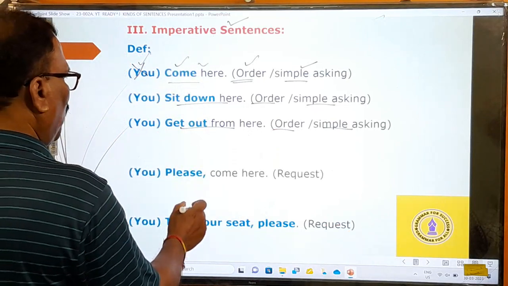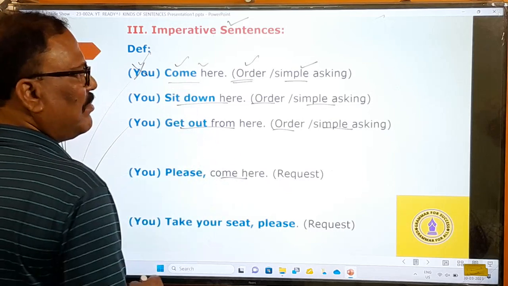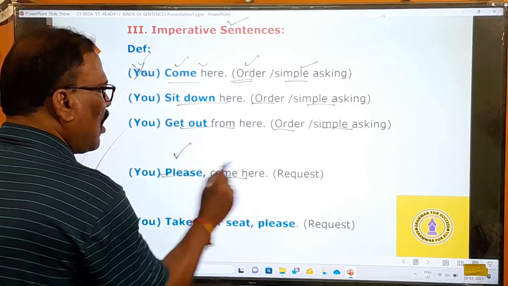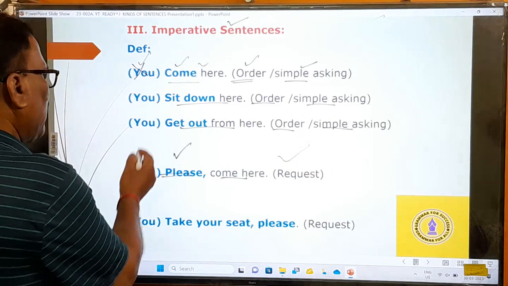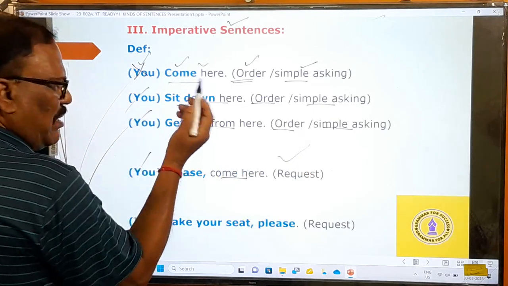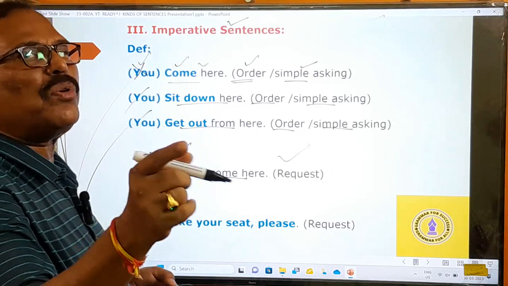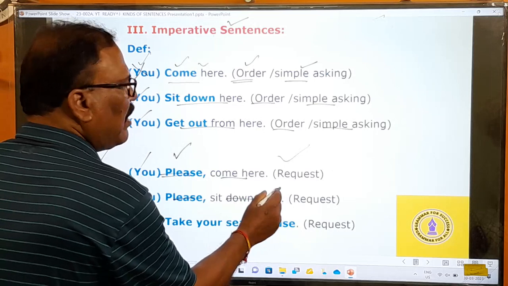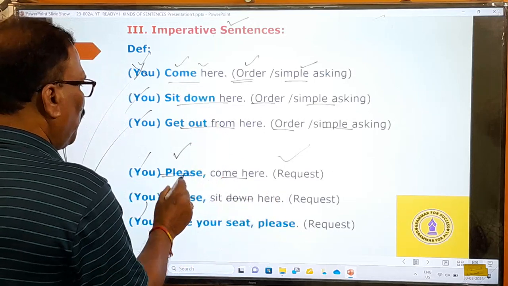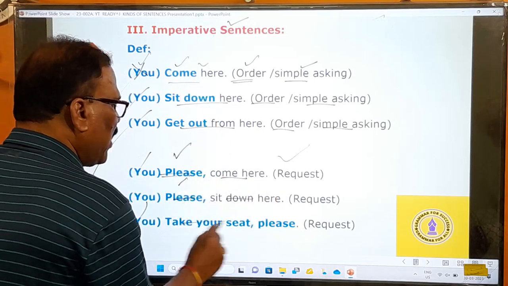And now the request. Please come here. When you use this word please, automatically it becomes a request, right? The you is always omitted, or implied. Please come here means you please come here. And then comes please sit down here, request. Same sentences, if you add please before them, take your seat please.